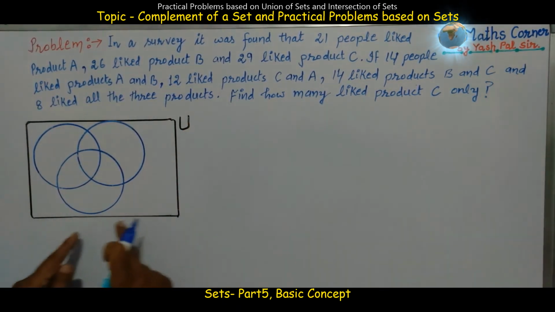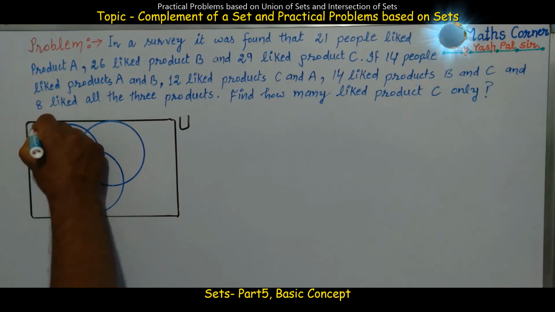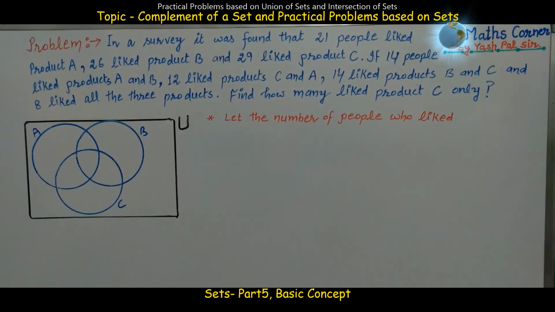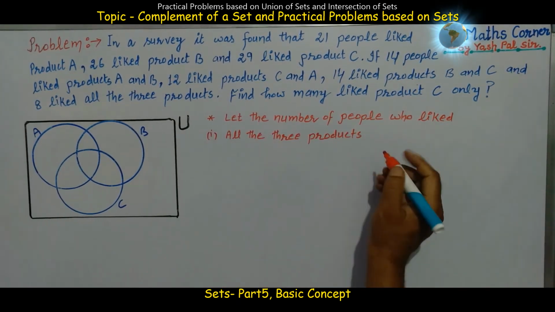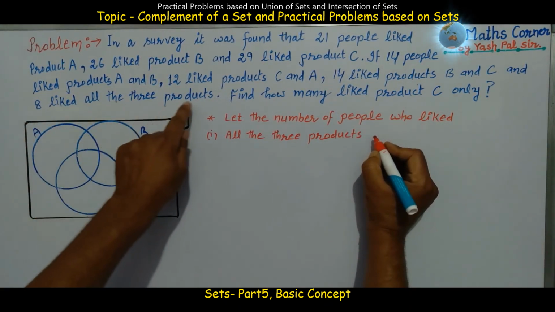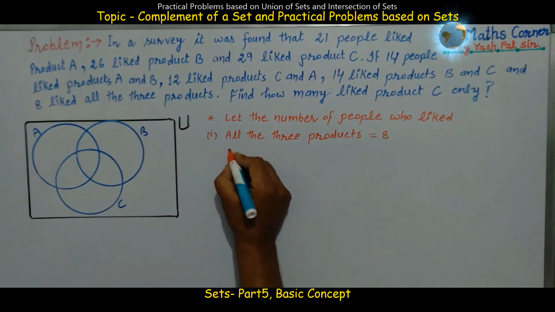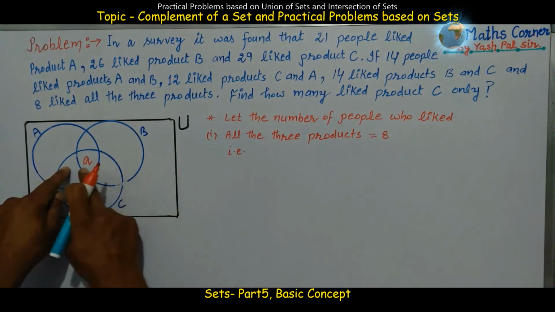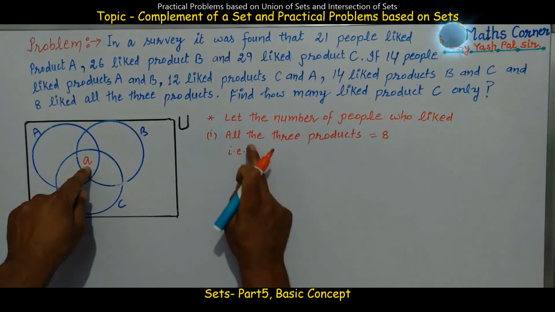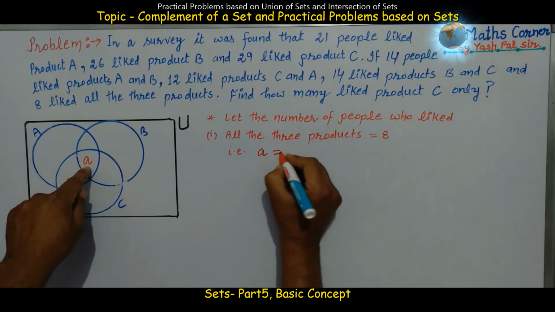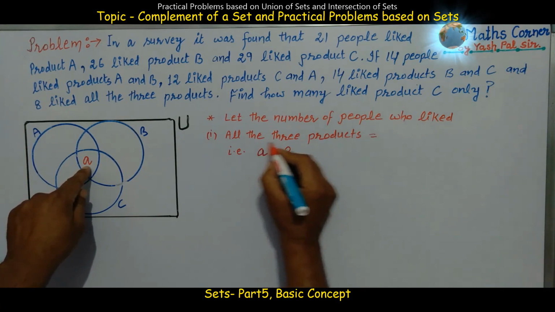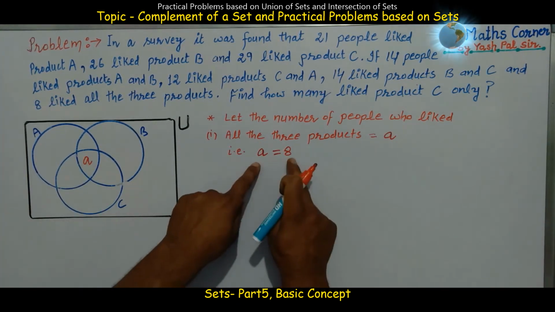Inside it, we have product A, product B, and this third circle represents product C. Now let the number of people who liked all the 3 products be A. It is given that 8 liked all the 3 products, so A is equal to 8.